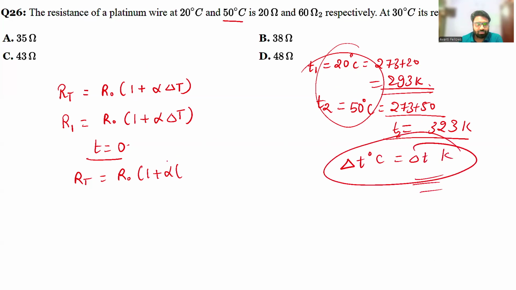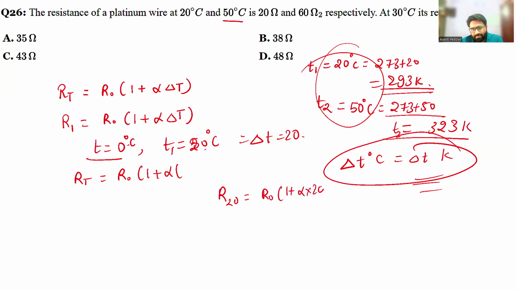So when we are measuring the temperature from 0 degrees Celsius to T1, let's say 20 degrees Celsius, delta T is what? 20. So R at 20 will become R naught into 1 plus alpha into 20. And R at 50 will become R naught into 1 plus alpha into 50.